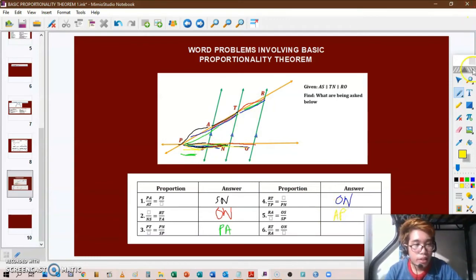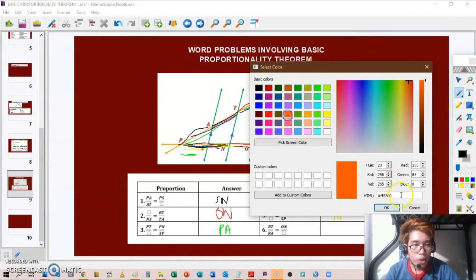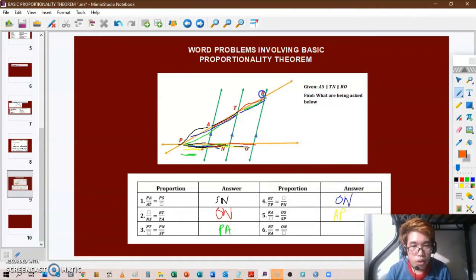And then number 6, let's use orange. RT over RA is equal to ON over OS.